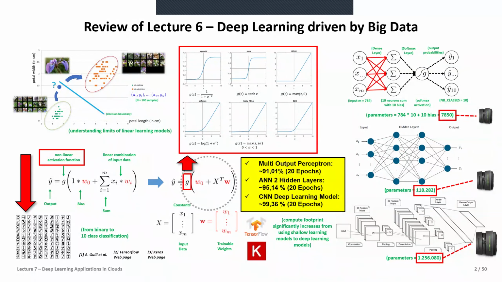If you remember some of the earlier lectures, this is of course not always the case. So we need a little bit more non-linearity in the learning models to understand how we can work with larger problems. Instead of going directly to much larger problems, we have done in the last lecture a step towards a 10 class classification problem.